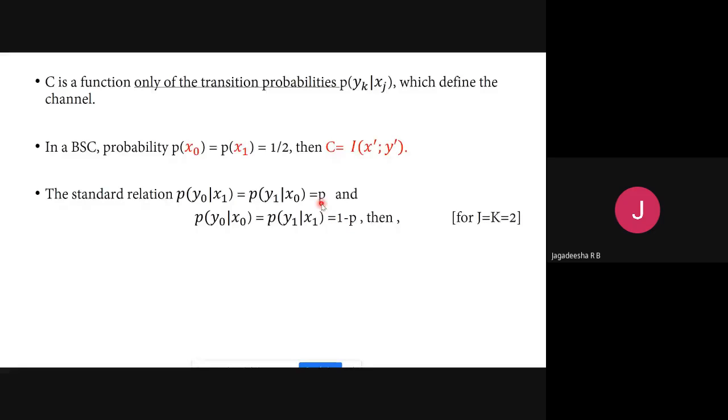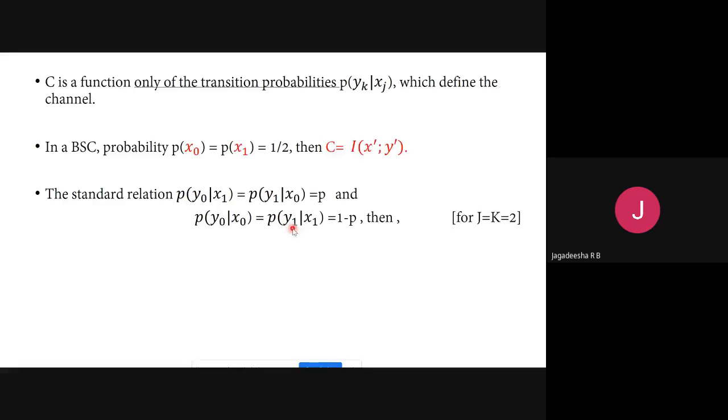That means these two occur with the probability of p for x0 and x1. In the other case, you transmit x1, you get y1, or at the input you transmit 0, you get output also 0. The same case, what you transmit, you get.